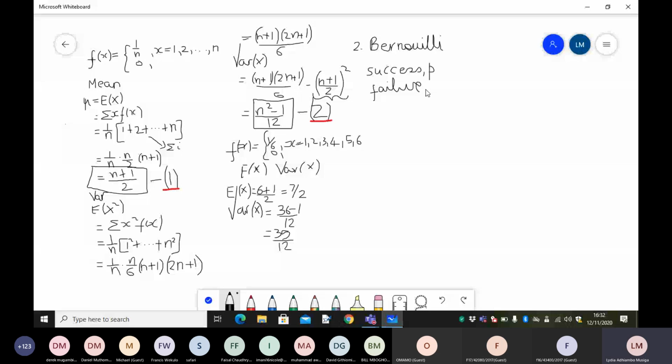Of course, p is a probability. So if the success is p, then the other outcome, which can be considered as a failure, is 1 minus p.